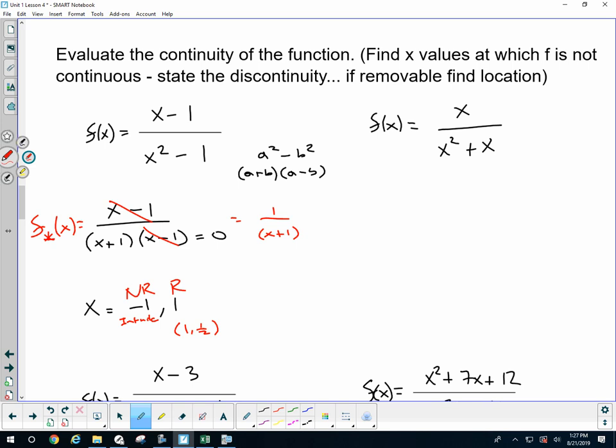All right, you guys please do the one on the right. Find the locations of discontinuities. Remember, you can factor out a greatest common factor. So I would factor the denominator so that I can set it equal to 0 and solve easily.